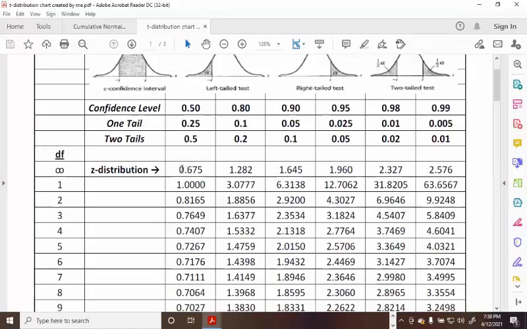But it's the Z distribution, which is what we're doing right now. Everything in this section would come from that top row. You see this is only for a few select confidence intervals: 50, 80, 90, 95, 98, 99. I can't imagine anybody even wanting to do a 50% confidence interval. Why bother? That just says you got a 50% chance of being right. That's not very good.